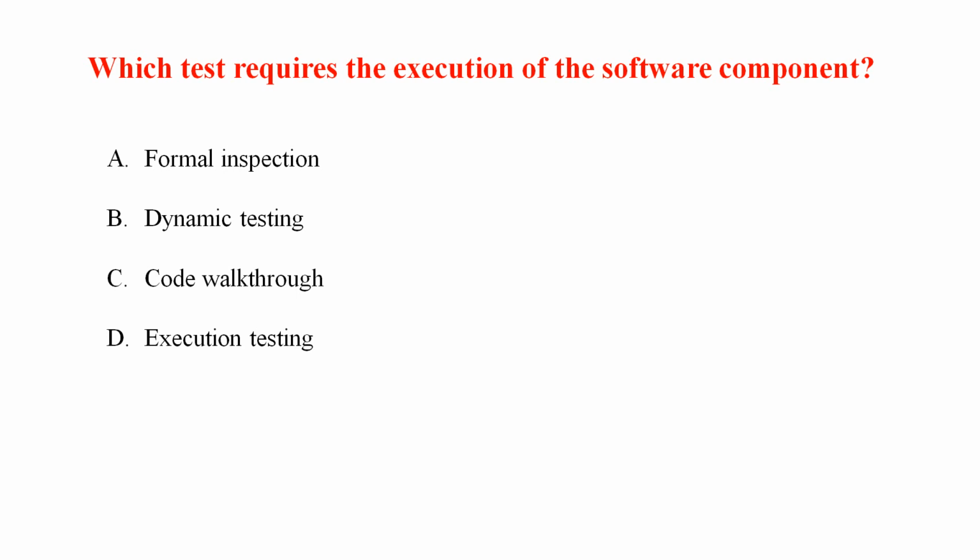To misguide, he has given option D, execution testing, because in the question he has used the word execution. So he has given execution testing to misguide the students. There is no type of execution testing at all. So, out of all these options, option B, dynamic testing, is the correct one, right?